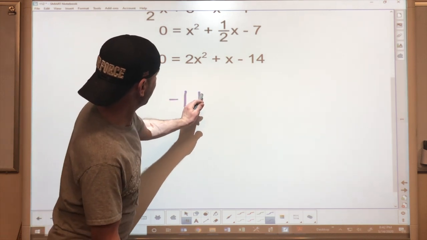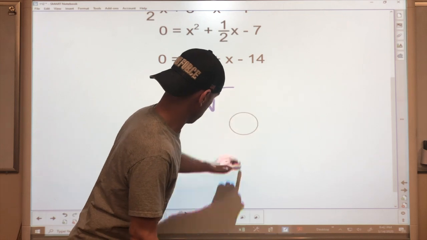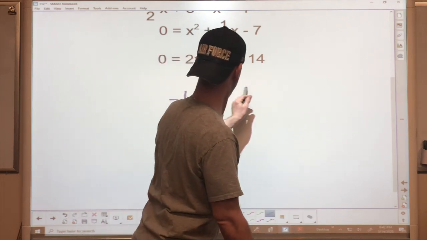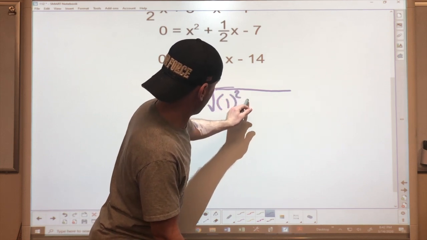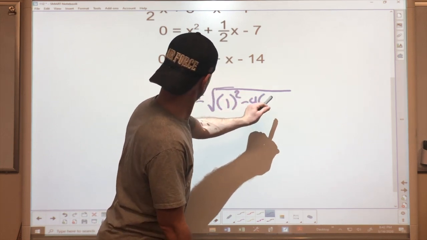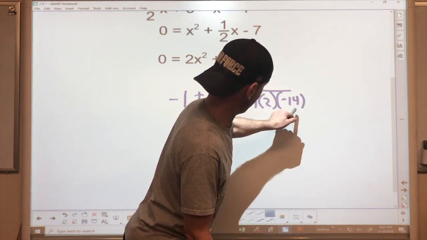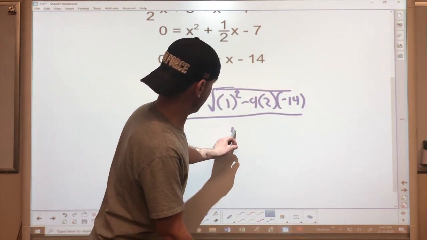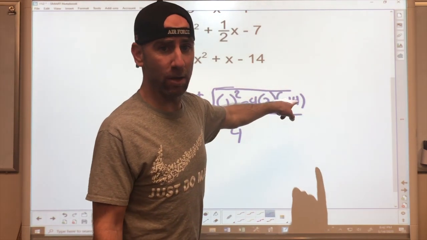Negative b plus or minus the square root of b squared minus 4 times a times c all over 2a. Calculate the discriminant.